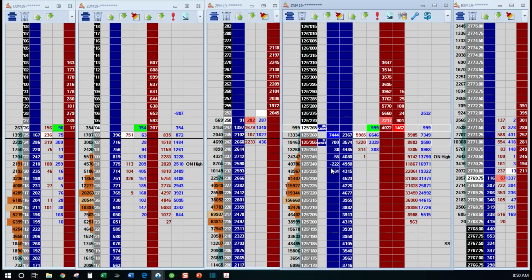It was all right there in the tape. You could see it. They were going to push this sucker higher no matter what, I think.